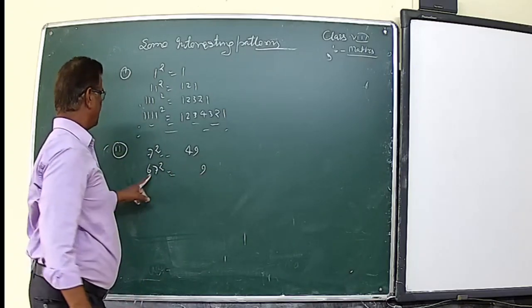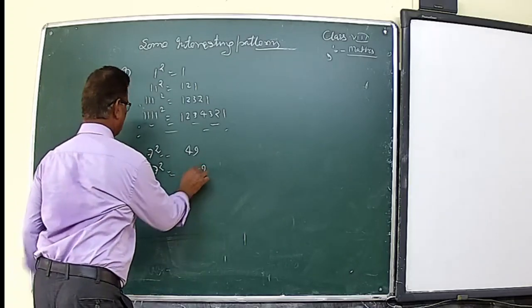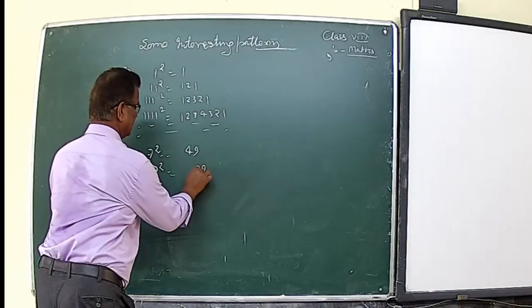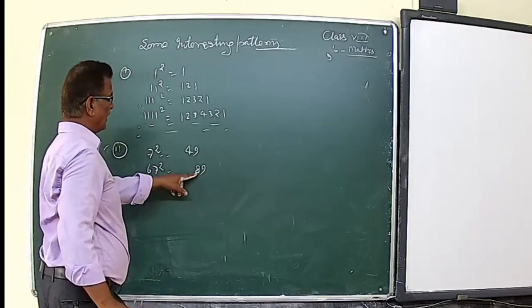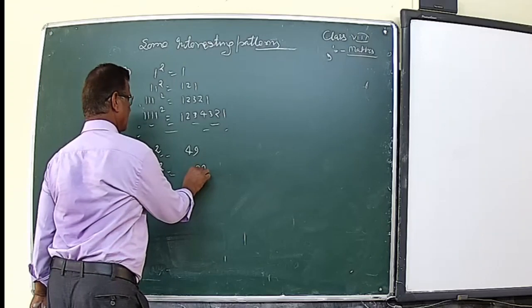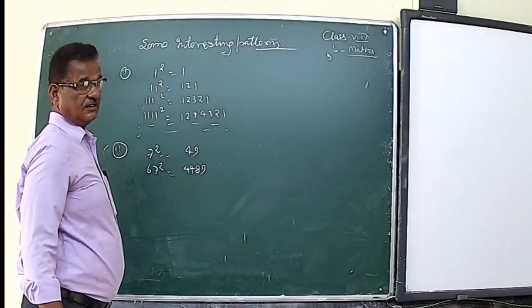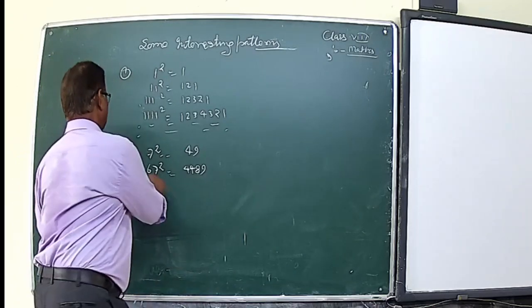And then you write 1 8, 1 6, then 1 8, and twice of 4 right after this 8, then 1 8, then 2 4. This is also an interesting pattern.